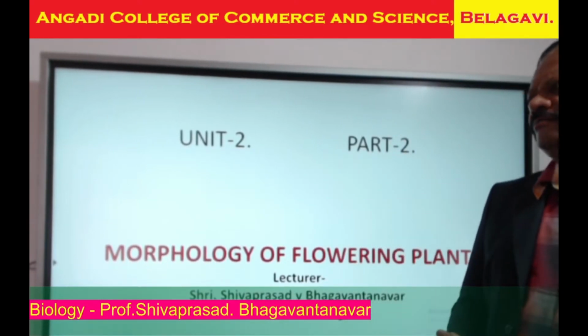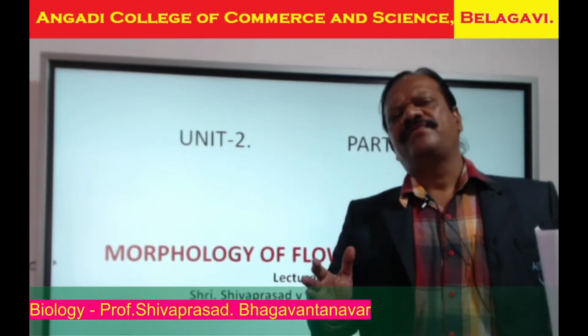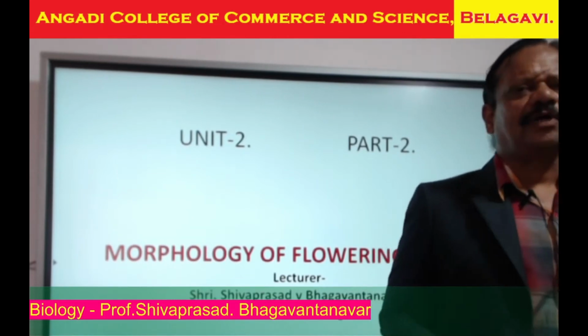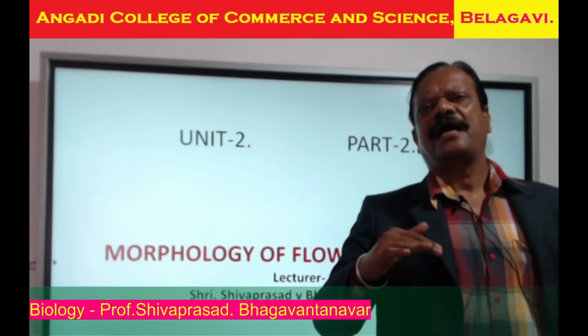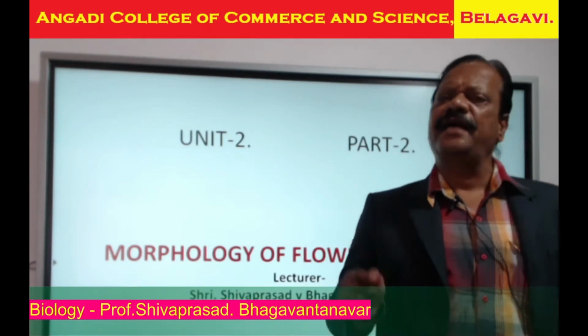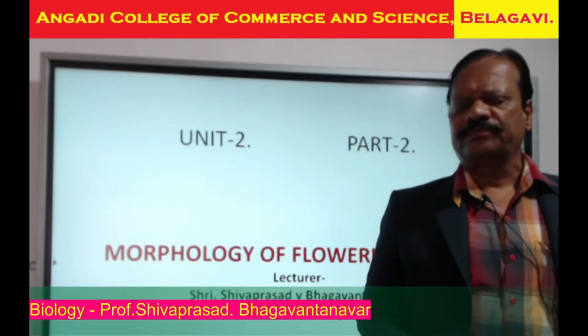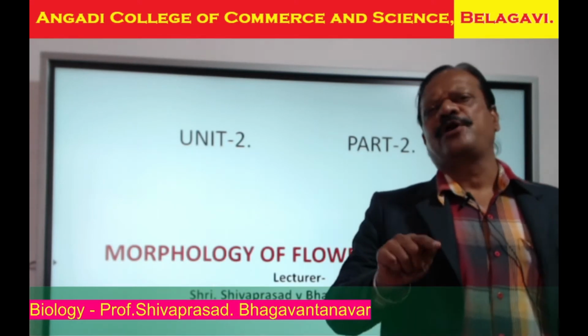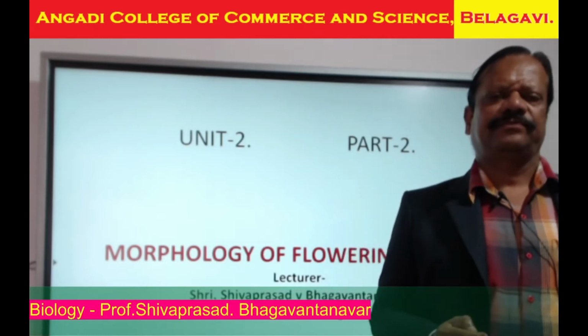So, here the flowers also, sometimes they are unisexual or sometimes they are bisexual. If you are considering the unisexual flower, either it produces a male flower or it produces the female flower.